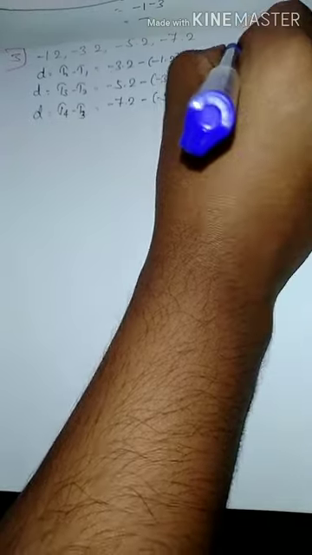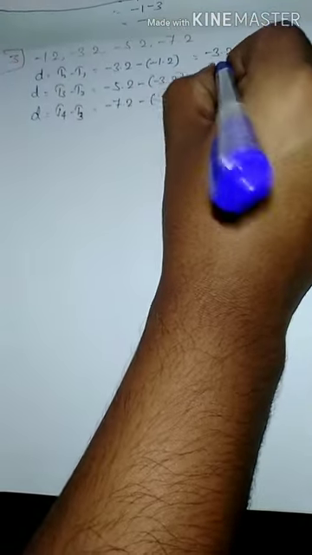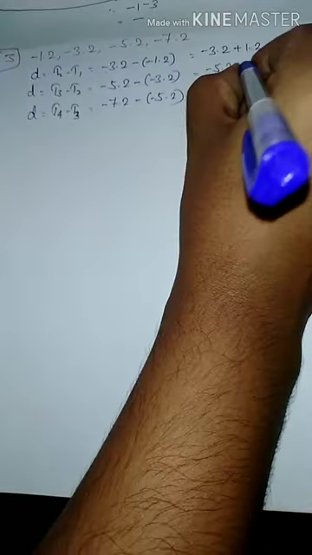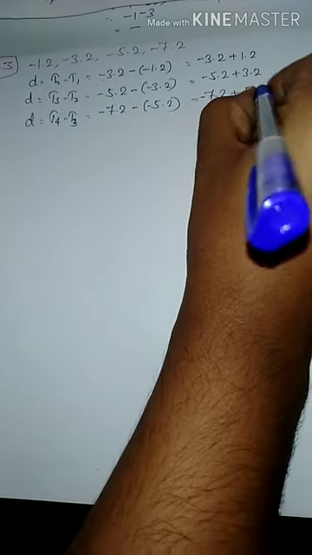Minus 3.2 as it is, minus into minus plus 1.2, minus 5.2 as it is, minus into minus plus 3.2, minus 7.2 as it is, minus into minus plus 5.2.